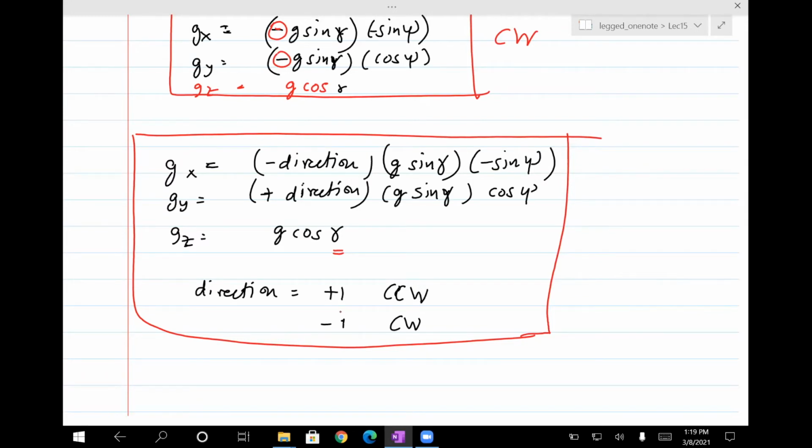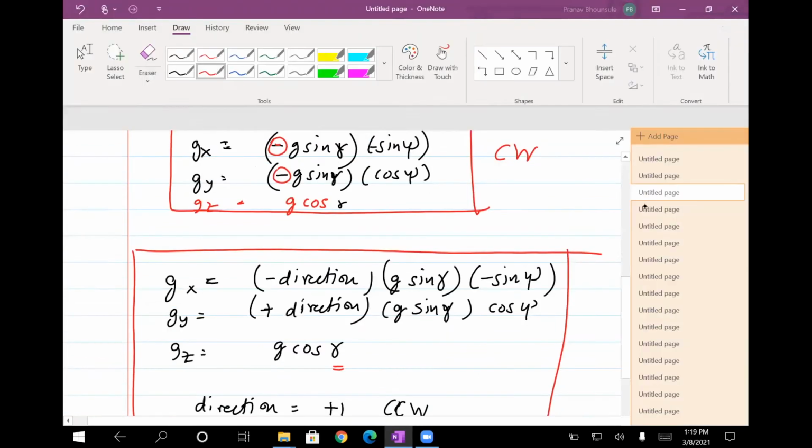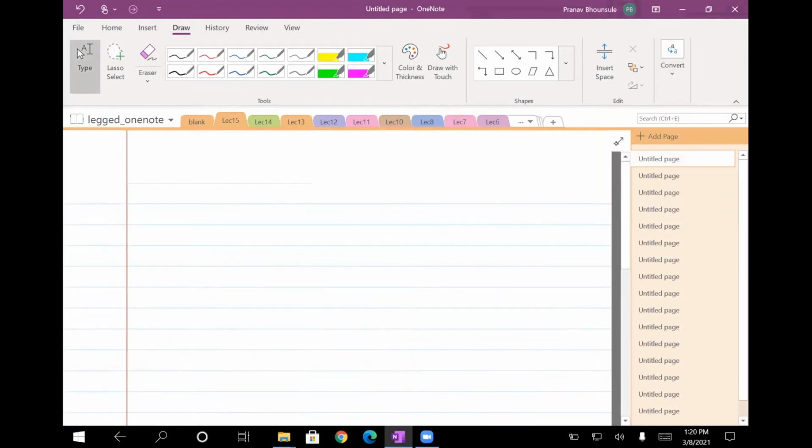The second thing is about what we've discussed in the past about how you actually figure out the angle made by the torso with respect to the vertical. So again, what's going on here is we have a rimless wheel with a torso.